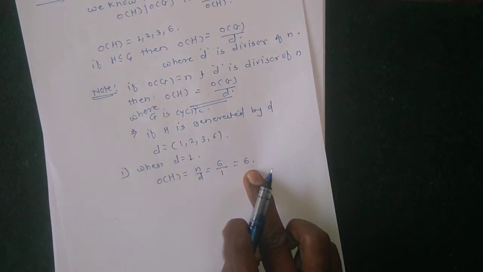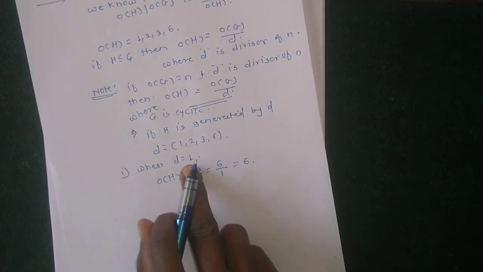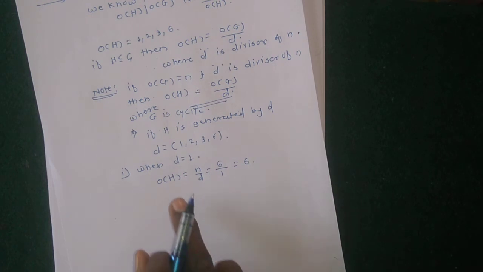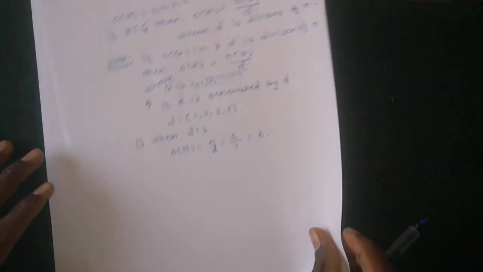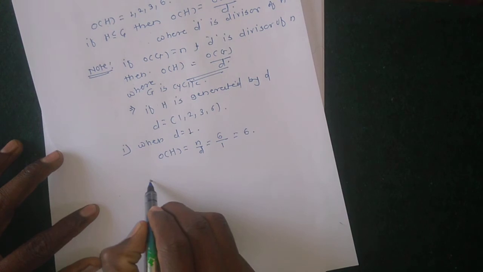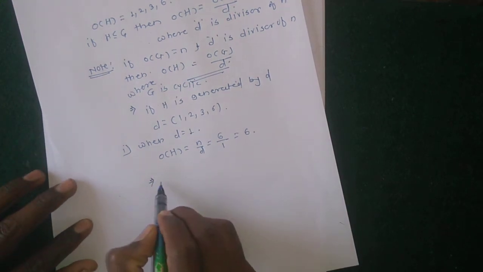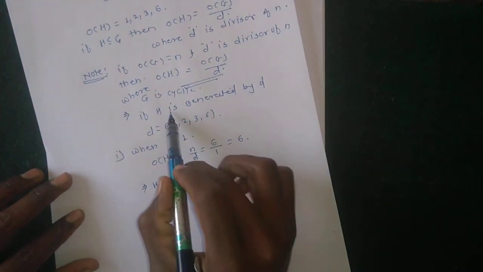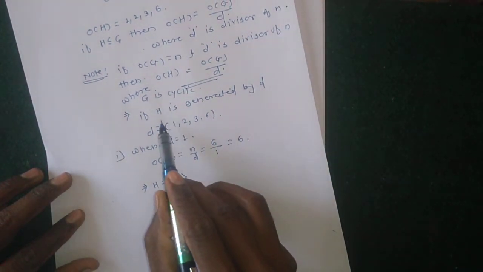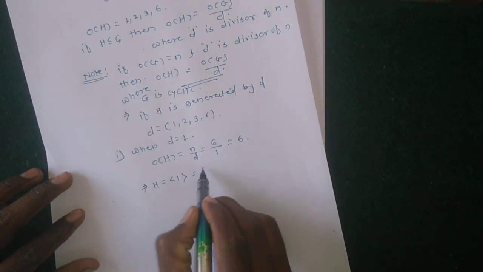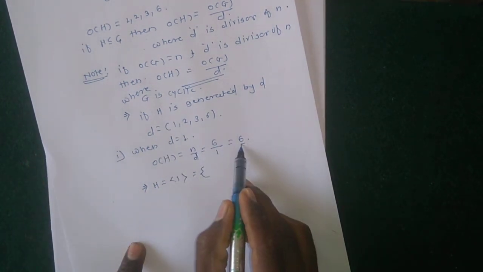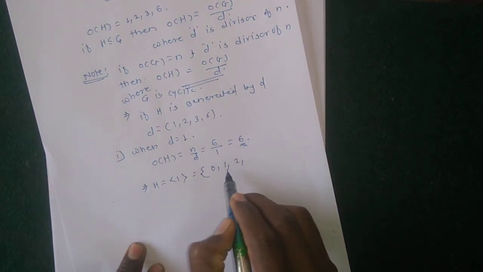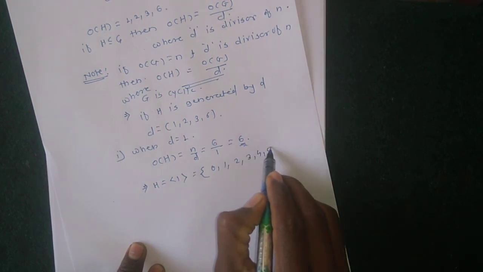For Z6, the subgroup with 6 elements must be generated by 1. Then H contains 6 elements, which is G itself: 0, 1, 2, 3, 4 and 5.